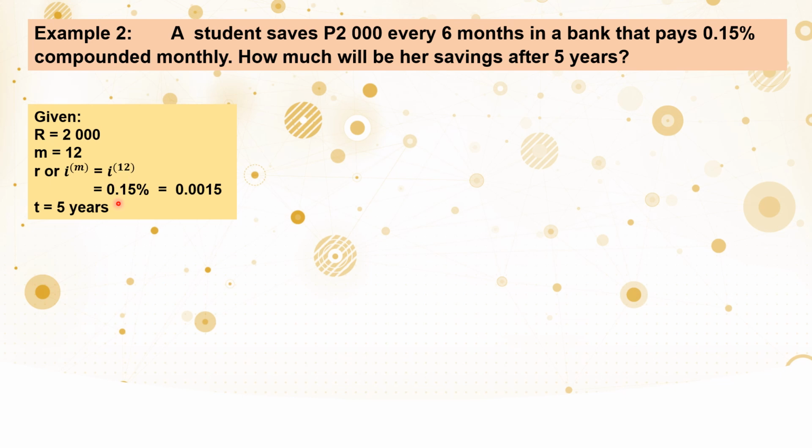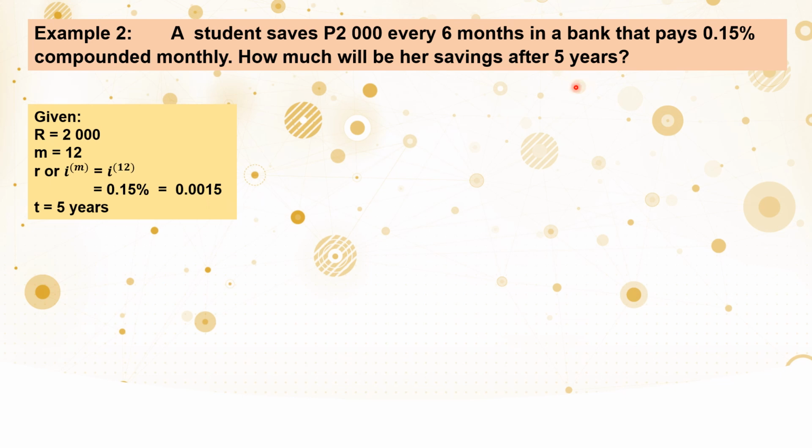So, it is 0.15%. And percent must be written as a decimal. So, to make the percent a decimal, just move the decimal point twice to the left. So, from this point, we move 1, 2. So, we now have 0.0015.